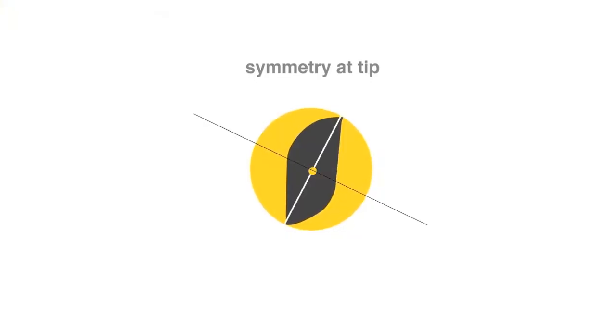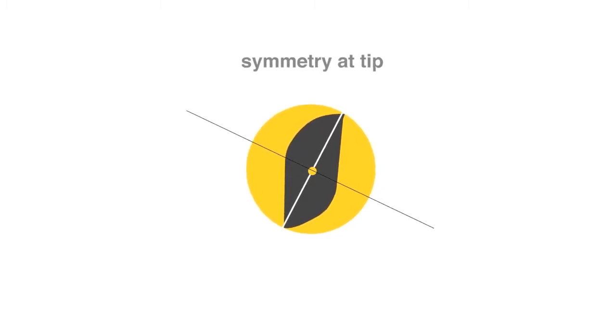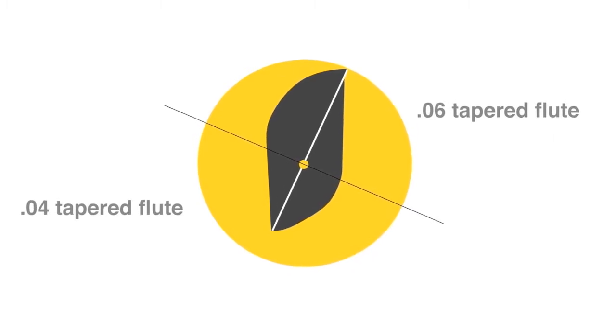At the tip end of the file, the cross-section is symmetrical, and each cutting edge projects equally from the file center. As the flutes progress from the file tip to the handle end, the cutting edge projects proportionally a greater distance from its central axis than the opposing cutting edge.